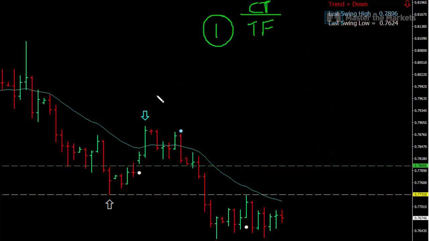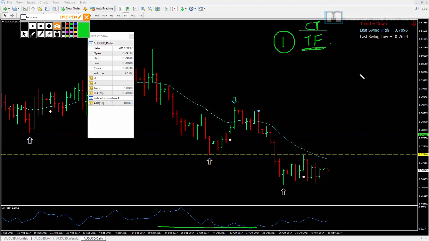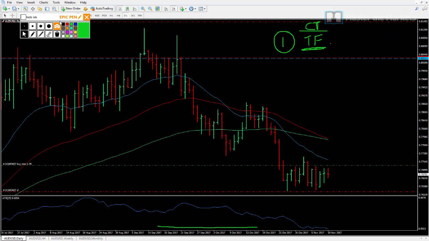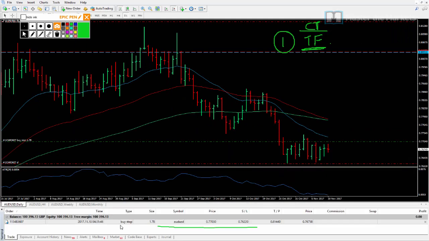Now, the time frame that you're trading on, the time frame that you're going to take the trade on, if it is going against a trend, so for example, in this example here, as you saw in the order that I just placed, you can see over here that actually we are going long, isn't it?